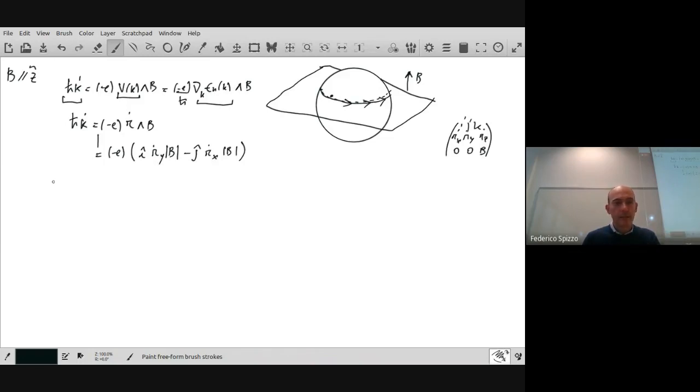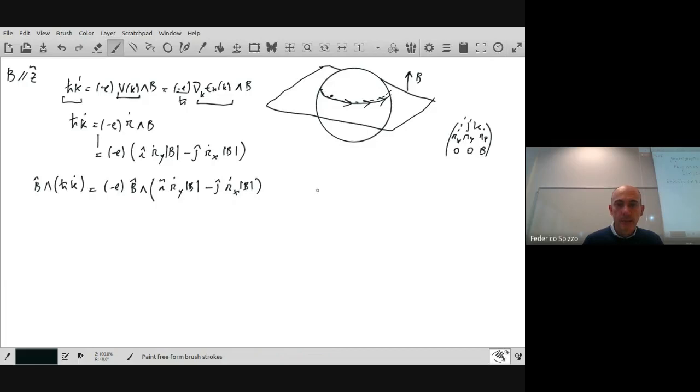by the vector product with B versor. So, and here we have minus e over c, and then B versor vector product i r prime y modulus of B minus j r prime x B modulus.